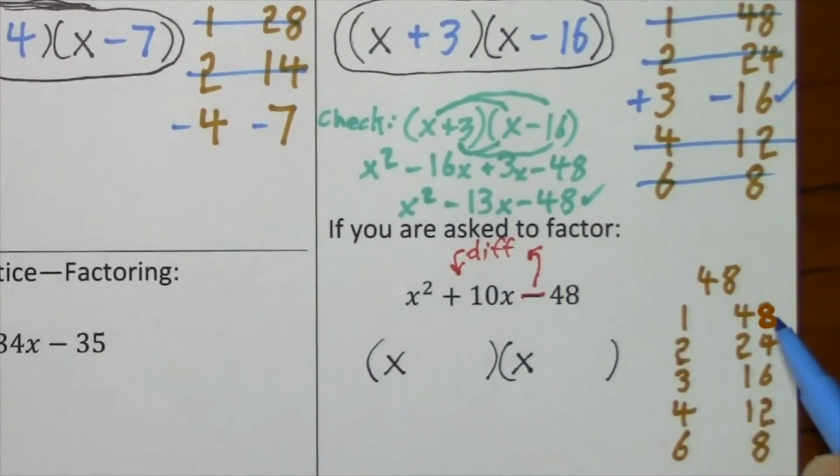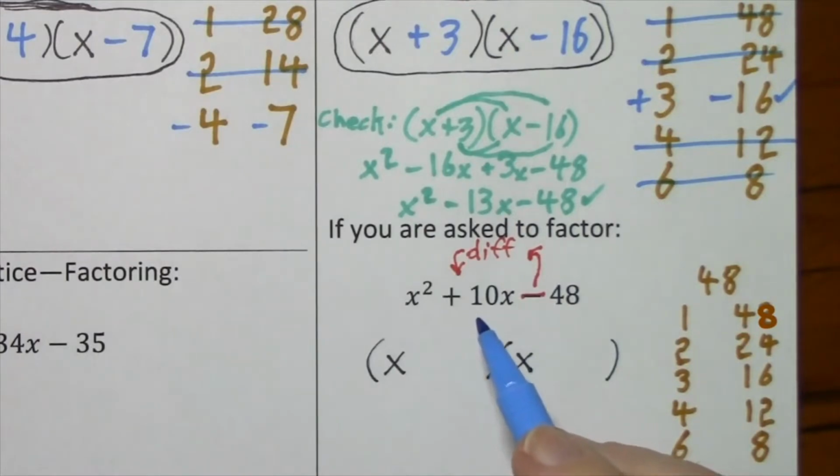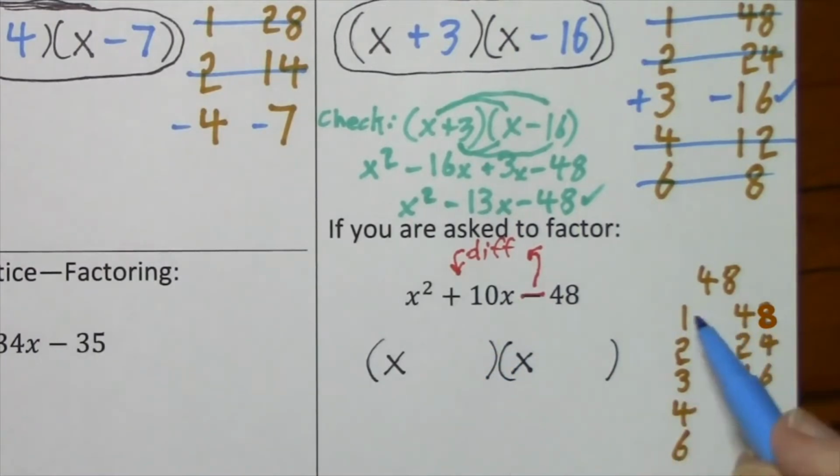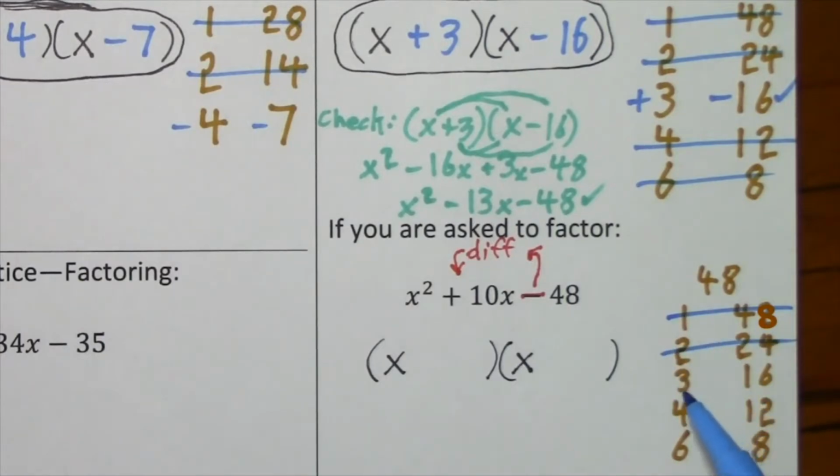So can I subtract my way to a positive 10x? No, this wouldn't work. This wouldn't work. This wouldn't work, and this wouldn't work. So given all the factor pairs, there's no way to subtract and get my middle term.